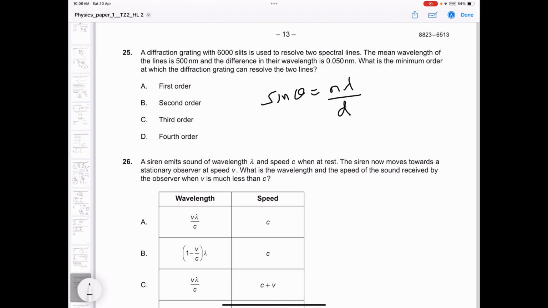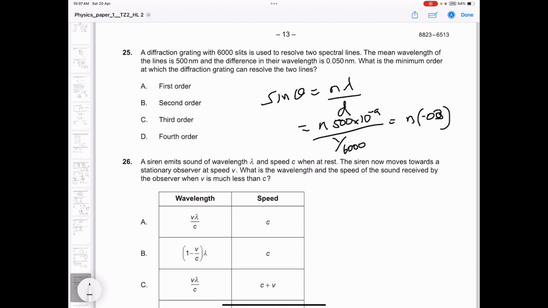So we're given lambda, so lambda is 500 times 10 to the minus 9, and you've got 6,000 slits, therefore d must be 1 over 6,000. So if you put that in your calculator, you should get n times 0.03.